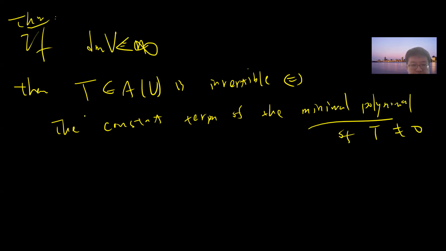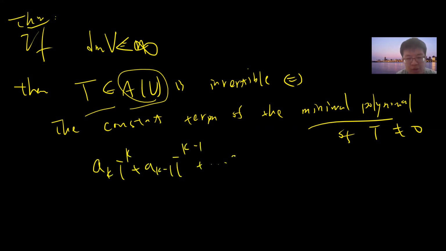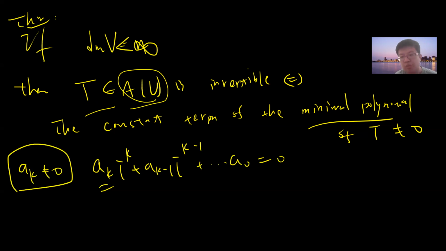Remember that we proved that every element in a finite dimensional algebra must satisfy a non-trivial polynomial, so I can take the degree to be minimum. This is called the minimum polynomial. So you can write a_k T^k + a_{k-1} T^{k-1} + ... + a_0 equals 0, such that a_k should not be 0. Minimum means that k is minimum, and k should be greater or equal to 1.